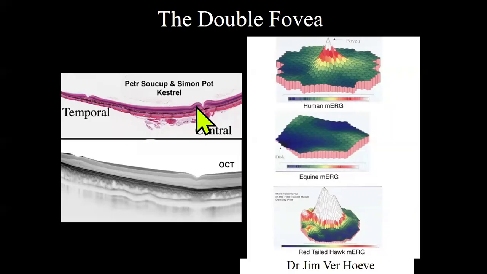And although there's not a pit, as you find in the fovea, there will be an increase in number of ganglion cells and a diminution of the nerve fiber layer in the area centralis. And I don't think I have an example histology slide that shows that. Next slide.